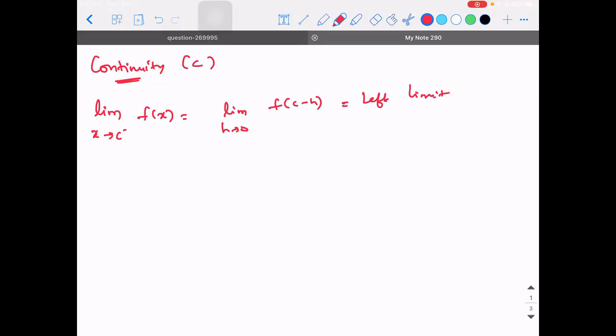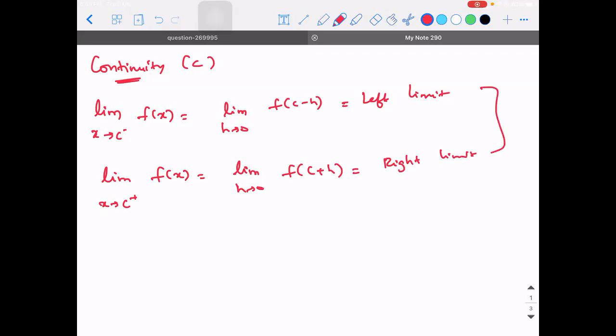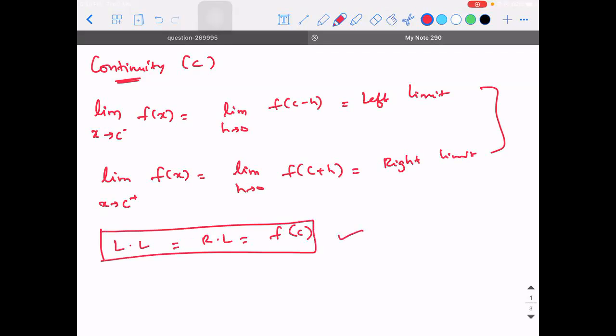Similarly, the limit as x tends to C plus of f of x is equal to the limit as h tends to 0 of f of C plus h, which is the right limit. If the left limit is equal to the right limit, which is equal to the function value at that point, then mathematically, the function is continuous at point C.